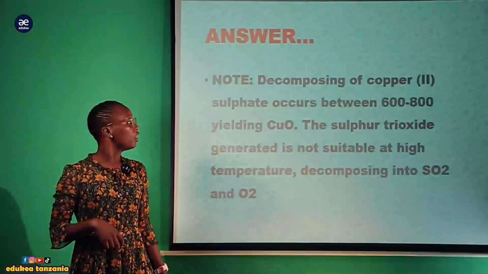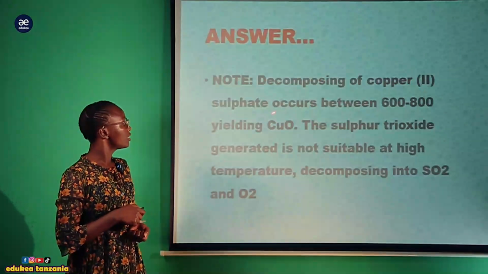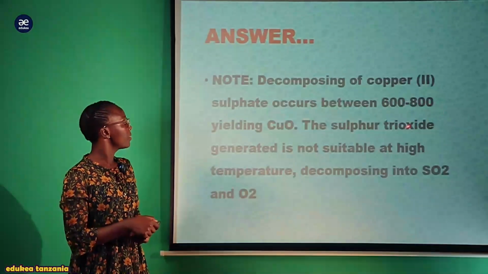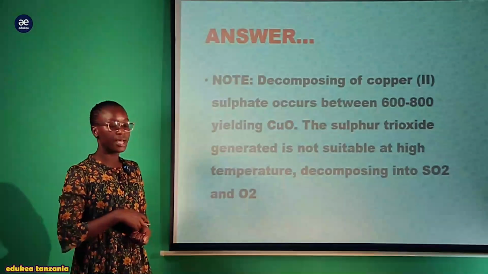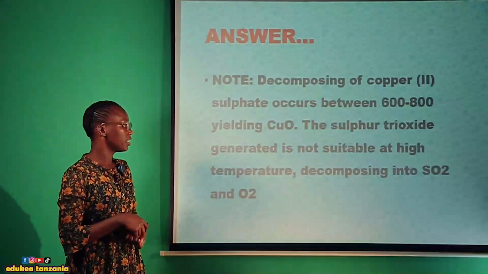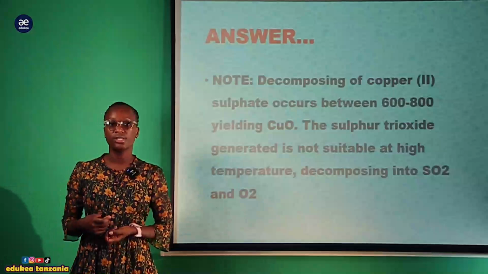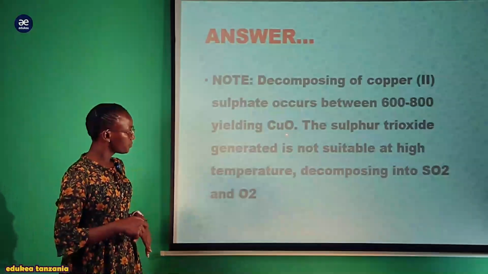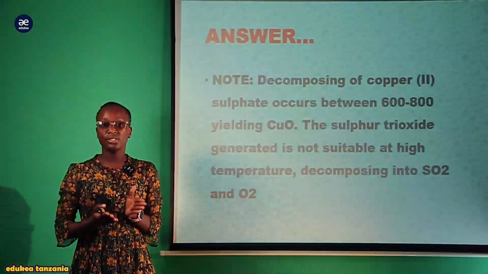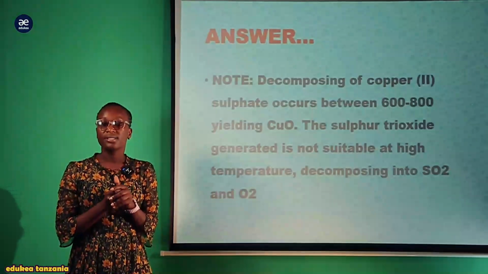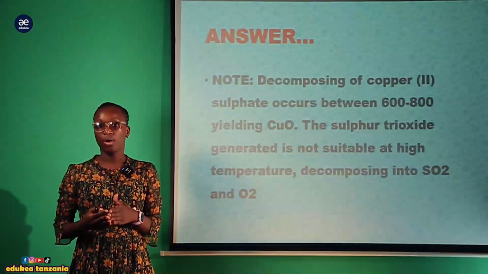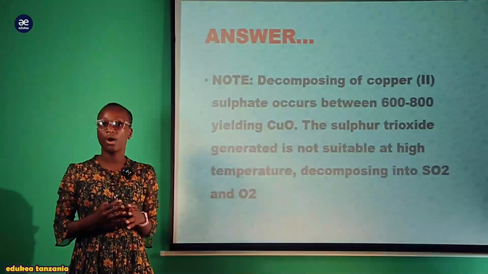But also you have to note the following, kwamba decomposing of copper 2 sulfate occurs between temperature ya 600 mpaka 800 yielding copper oxide. Now the sulfur trioxide generated is not suitable at high temperature, decomposing into sulfur dioxide and oxygen gas. Kwamba this decomposition of copper, sometimes you can see baadhi ya reactions zinaonyesha kwamba decomposition of copper 2 sulfate tunaenda kupata the oxide, vile vile tunaenda kupata the trioxide, kwamba tunaenda kupata sulfur trioxide vile vile na copper oxide.